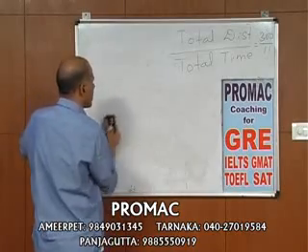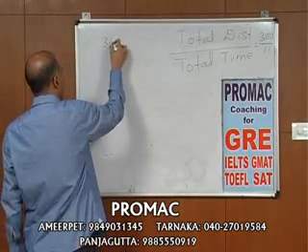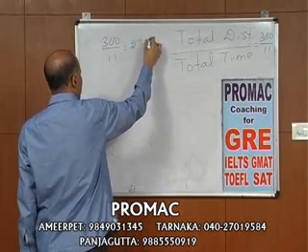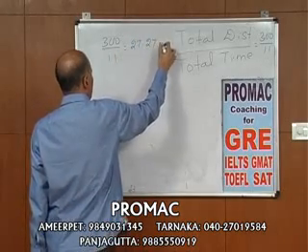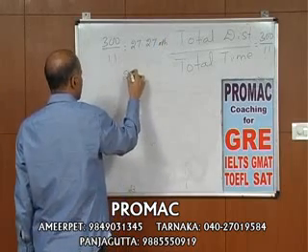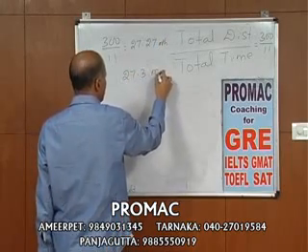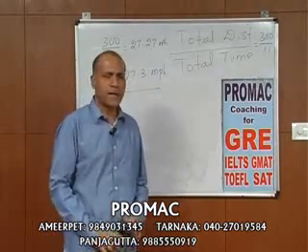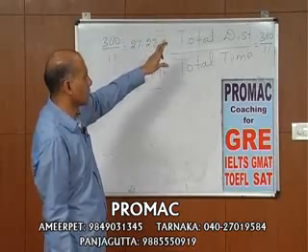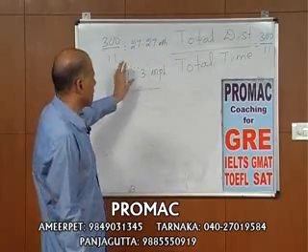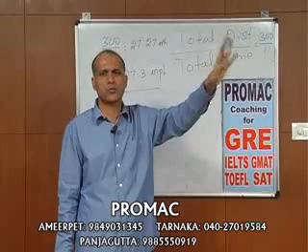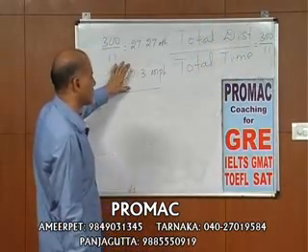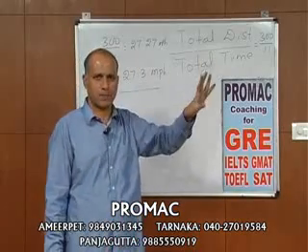So mean speed is 300 by 11, 27.27 miles per hour, or approximately 27.3 miles per hour. Mean speed is always total distance by total time. If you added 10 plus 50 plus 25 by 3, you got 28.3. But actual mean speed is 27.3.